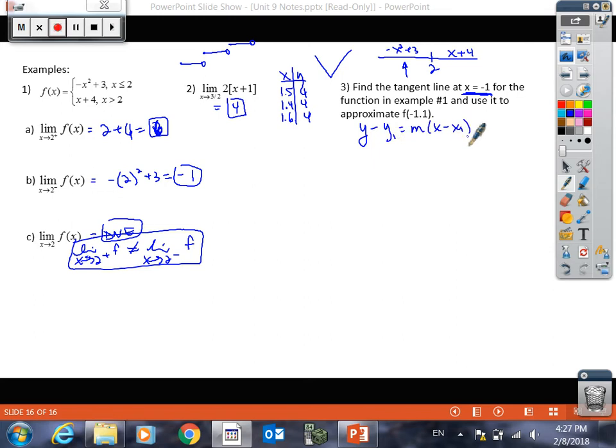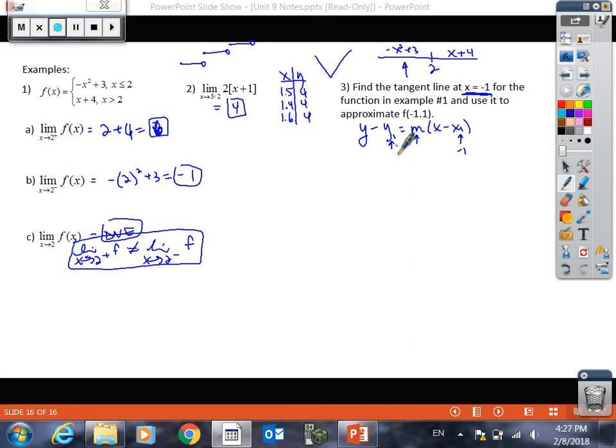All right, so we have our x1, right? x1 is -1. We got that. We need these other two pieces of information. So how are we going to find our y1? Well, if we have our x1, and I know you've done this lots of times, we're just going to plug x into the proper portion of that piecewise function to get y.